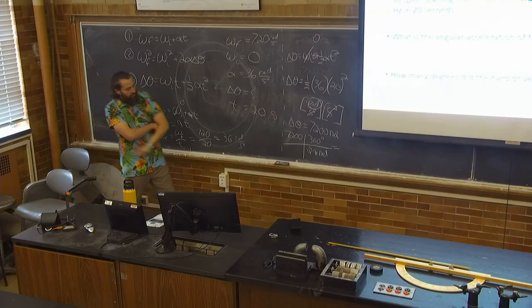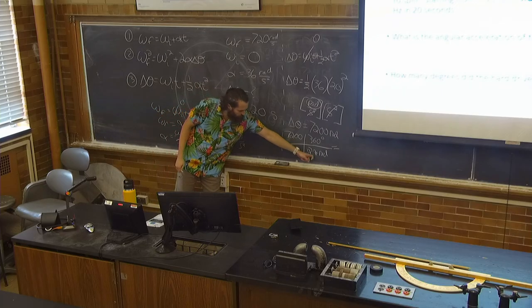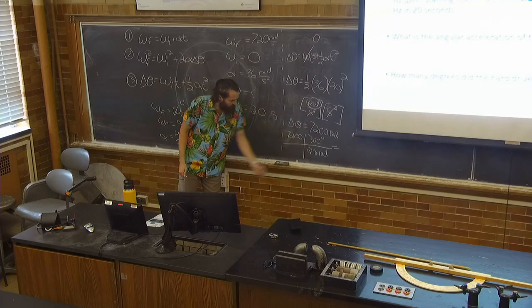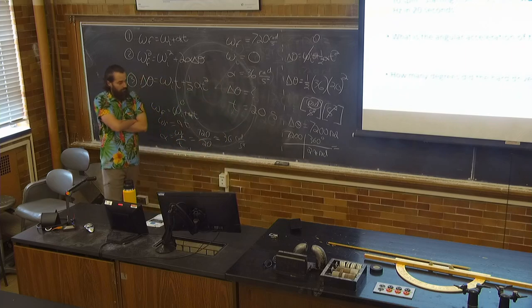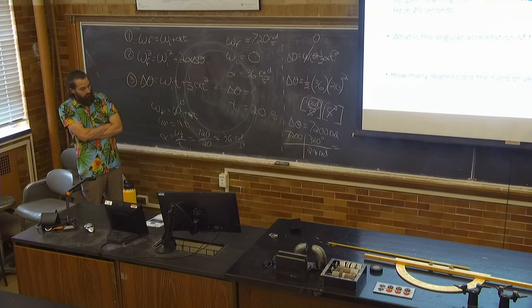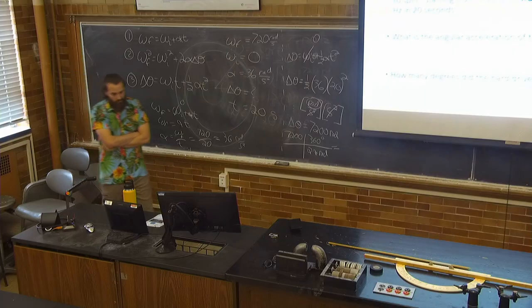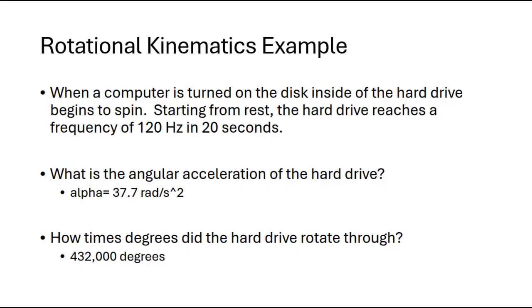So we would divide 7,200 by 2 pi, and then multiply it by 360. That is not something I think I can do in my head, but we have the answers on the next slide.